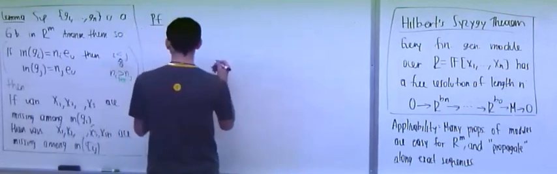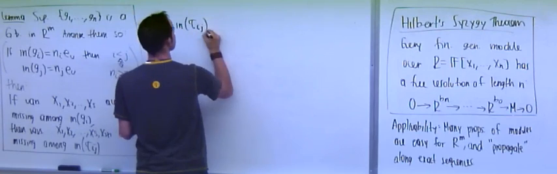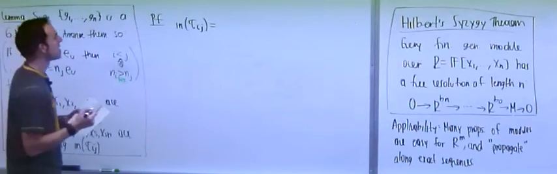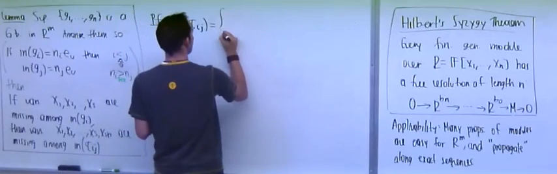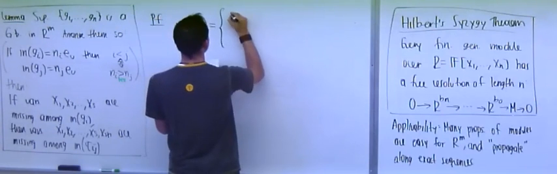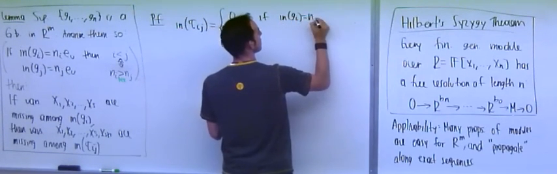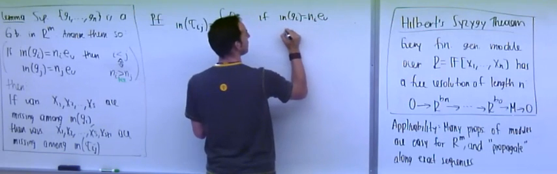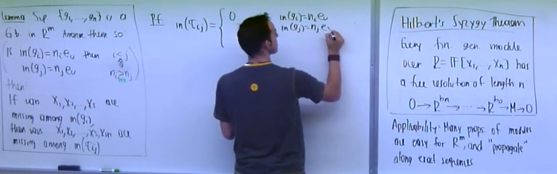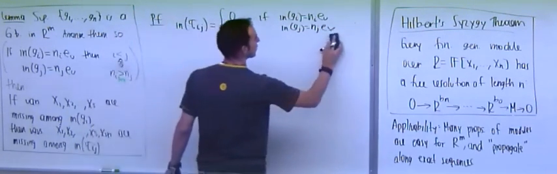So when I proved Schreyer's theorem, I said that this initial term was going to be 0 if these guys involve different letters. It's kind of dangerous to call them U and V. They're not going to look very different.